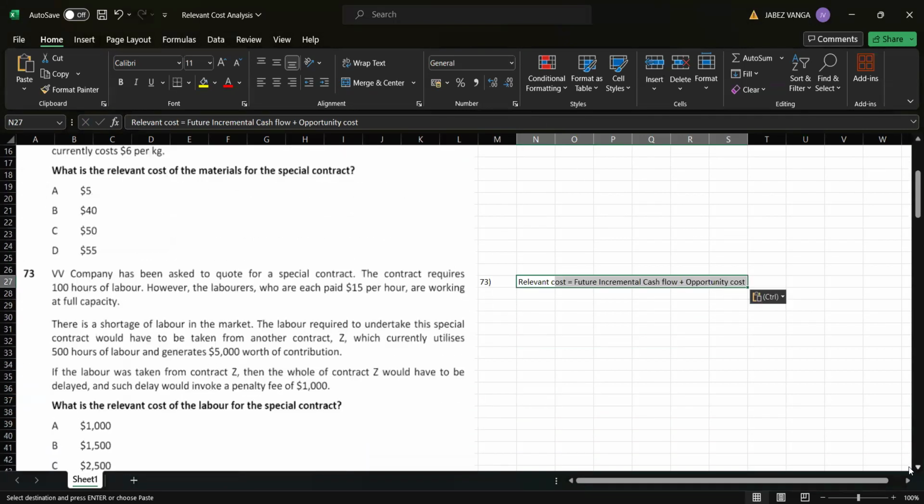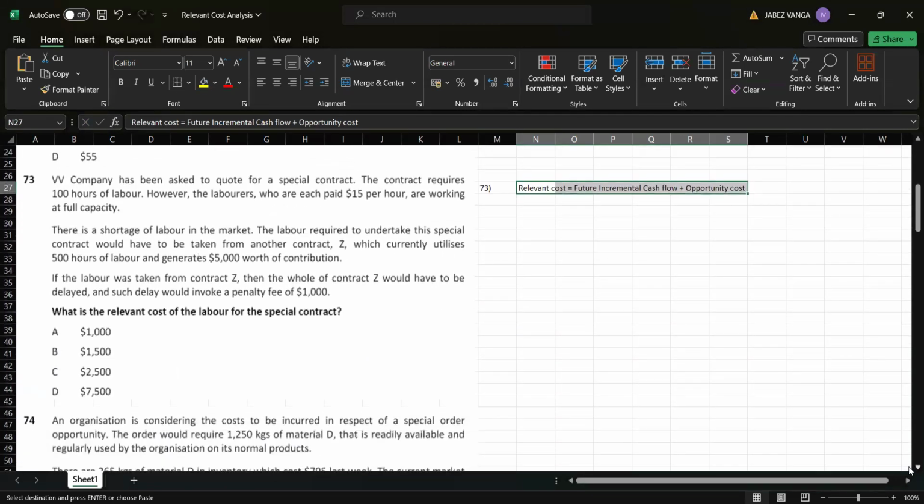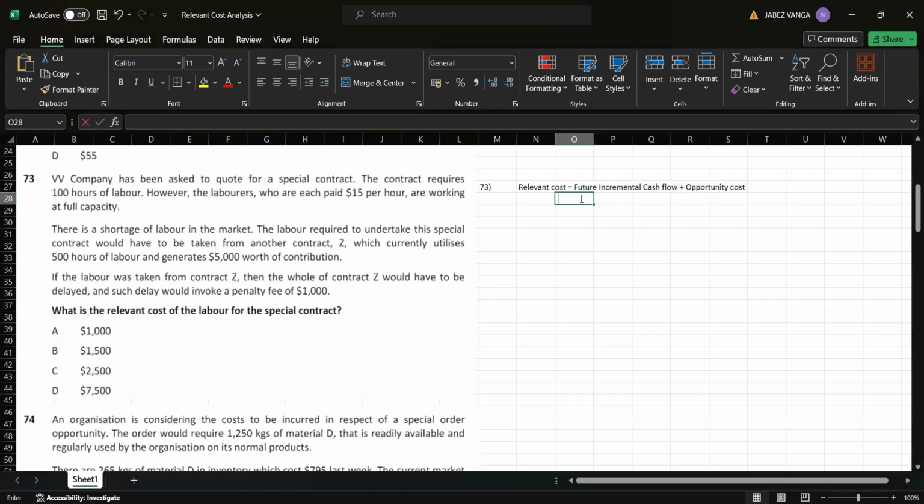There is no opportunity cost, there is only future incremental cost. But two categories we see that future incremental cost is one, they are using 100 hours, each is paid at the rate of $15. Plus, apart from that, they also have to pay a penalty of $1,000.